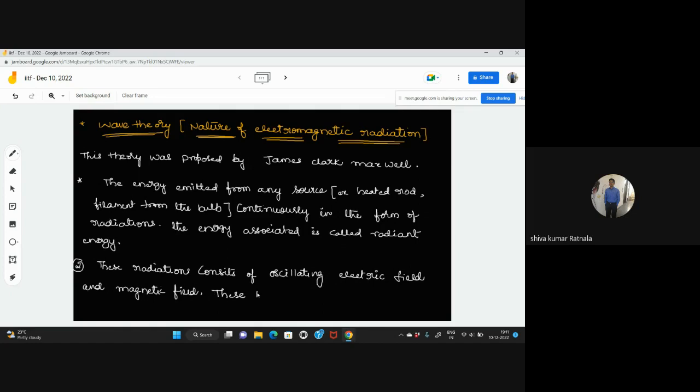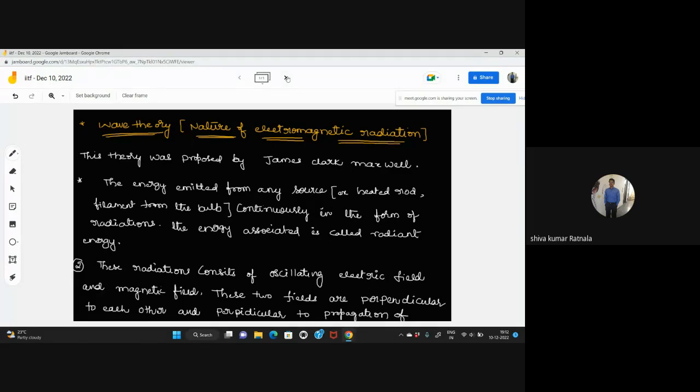These two fields are perpendicular to each other and perpendicular to the direction of propagation of light.